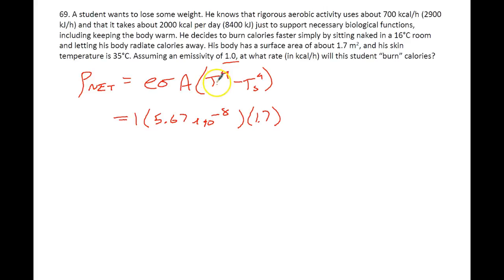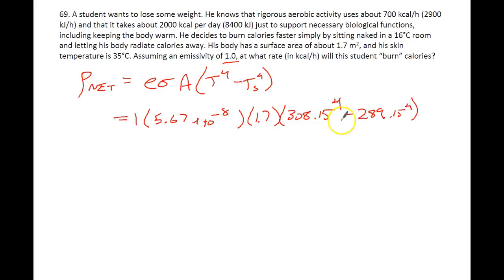So here, this first temperature is 308.15, and that is his body temperature. So body temperature minus the temperature, remember S here is surroundings. This is to the fourth, minus 289.15 to the fourth.